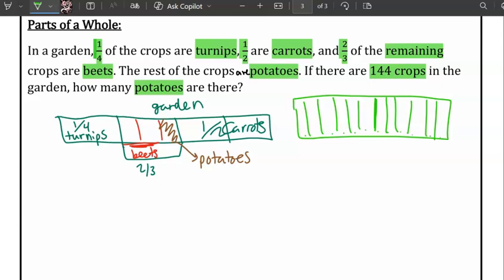There's 12 pieces altogether. And if one of those pieces is potatoes, you have 144 divided by the 12 pieces. That gives you 12. There are 12 potatoes.